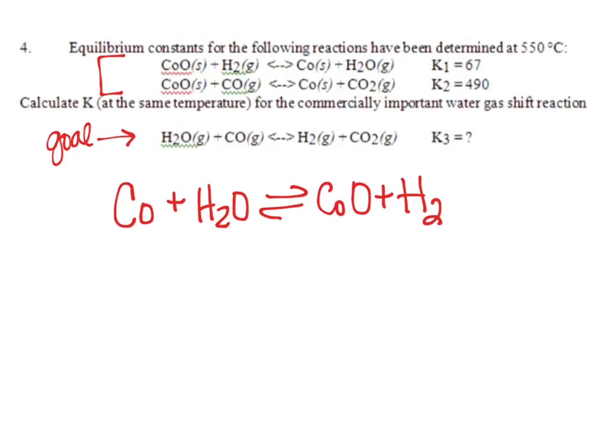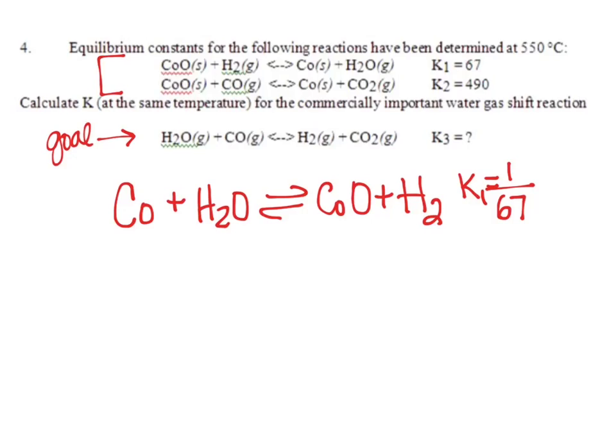So we flipped it, so what happens to our K1? So it's 1 over K, or 1 over 67.